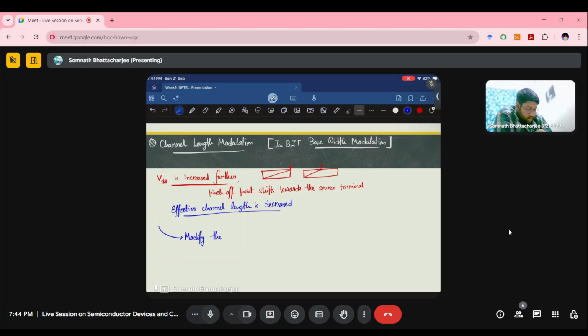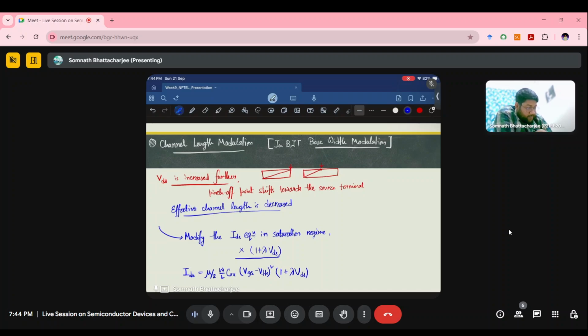Based on this, we have to modify the IDS equation in the saturation regime, and it will have a factor that is lambda VDS. So we have to multiply a factor, and the new equation will look like this: IDS equals mu by 2 W by L Cox (VGS minus VTH) whole square, but it will also be multiplied by (1 plus lambda VDS).